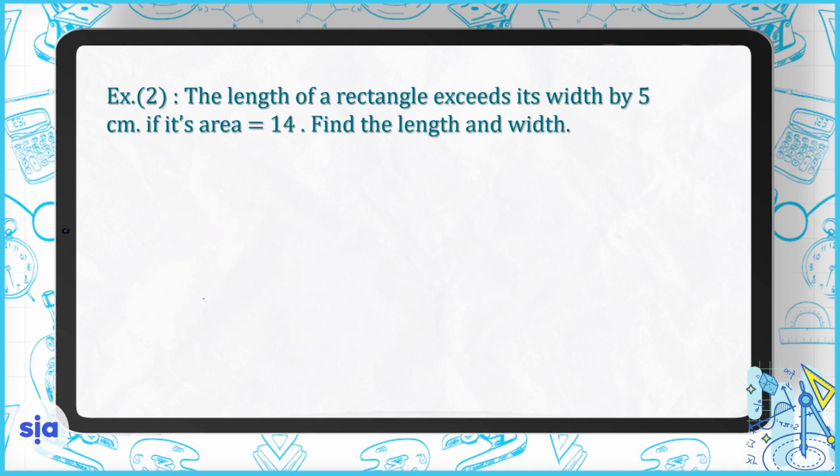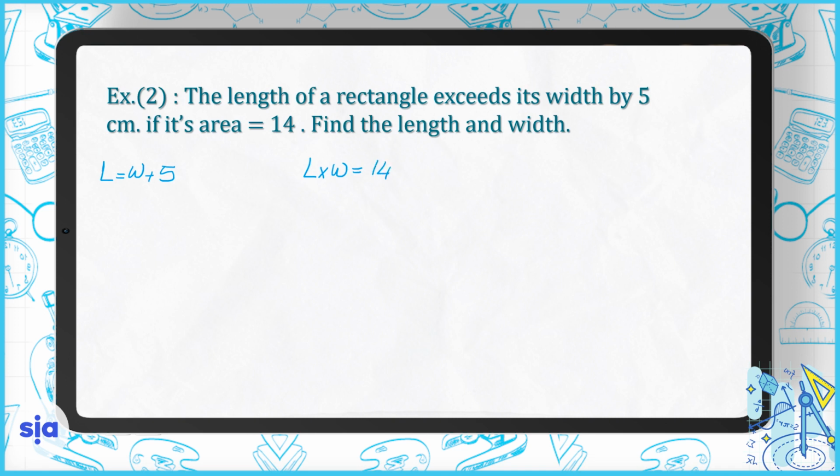Question 2. The length of a rectangle exceeds its width by 5. So the length is the width plus 5. If the area is 14, we know that length times width is 14.